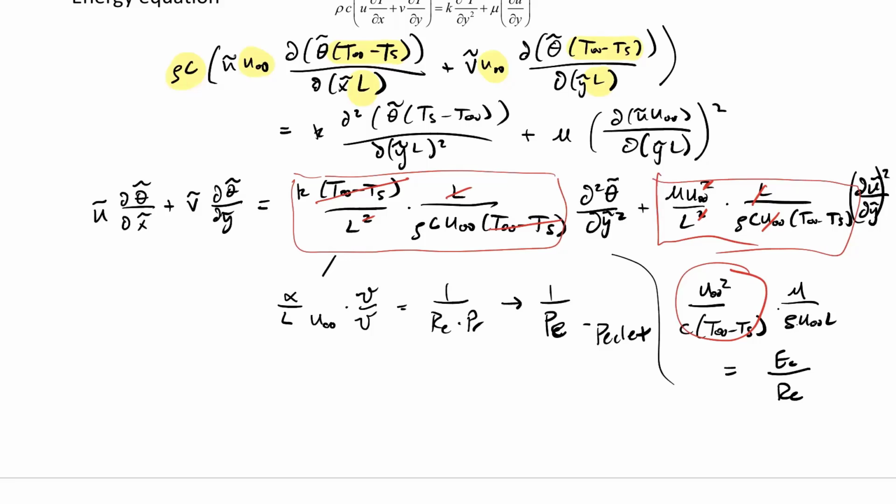What the Eckert number tells us, we know it has something to do with the viscosity term, because it's appearing in the viscosity term. It's telling us how important the heat generated by the fluid shearing over itself is compared to the energy difference across the boundary layer. So the Eckert number is a non-dimensional measure of that.